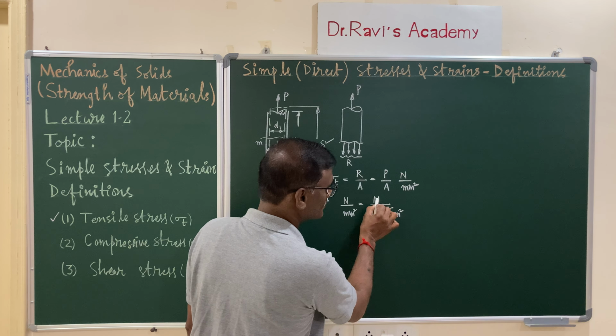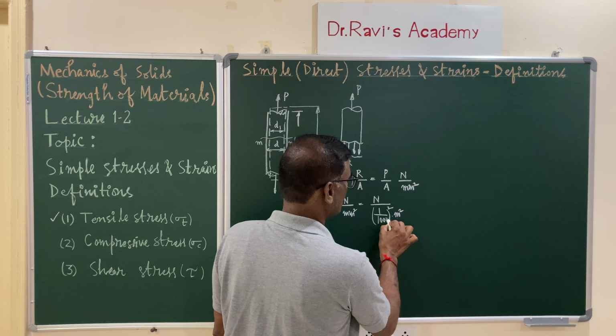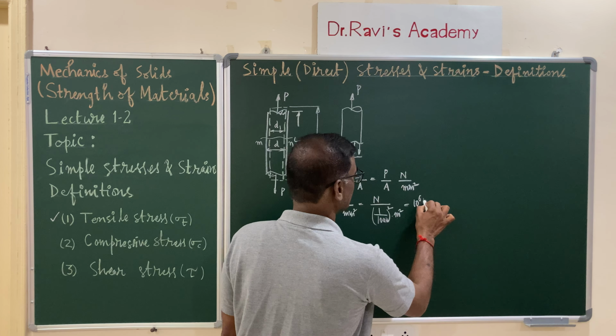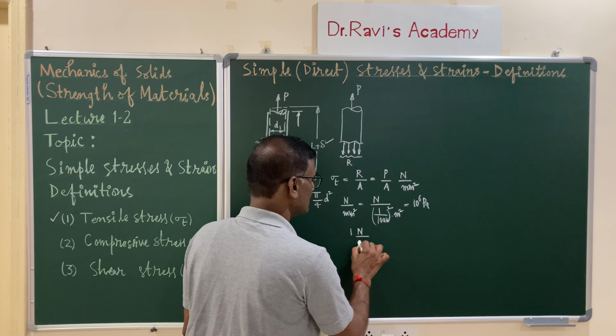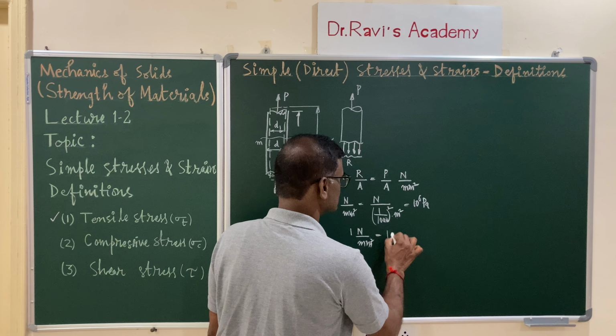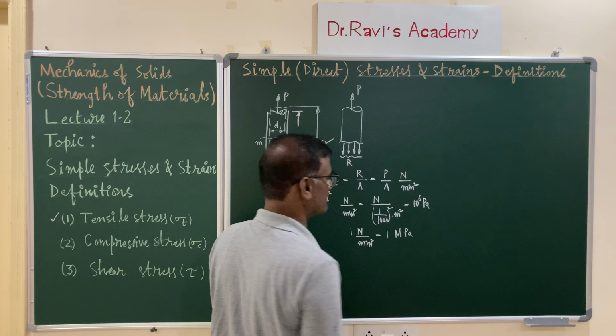You know very well that Newton per meter square is Pascal, and this 10 to the power 6 goes up, so it is 10 to the power 6 Pascals, which is nothing but megapascal. So 1 Newton per mm square is equal to 1 megapascal.